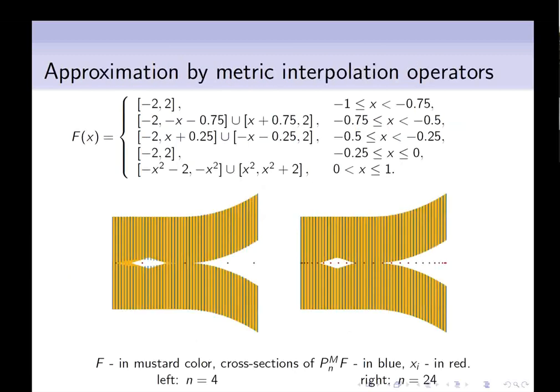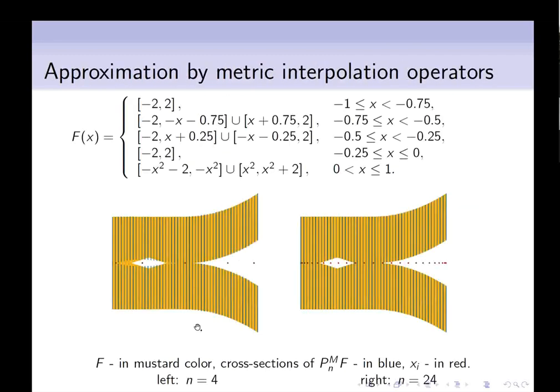Okay, the next example was recently obtained by a student of Nira Dyn and David Levin, Hossein Zafar. They started to work on an efficient calculation of set-valued polynomial interpolation. So they approximate this function. The graph of the function is shown in this picture in yellow.